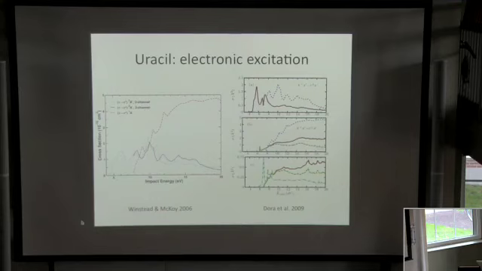Now, uracil. In the process of doing our elastic calculations, we decided, in spite of the lack of data, to have a look at electronic excitations of uracil, one of the larger systems we looked at. We looked at the pi to pi star excitations, the triplet, the singlet. We did these in a 2-channel, 3-channel calculation. In other words, here we just include the ground state and this triplet excited state.